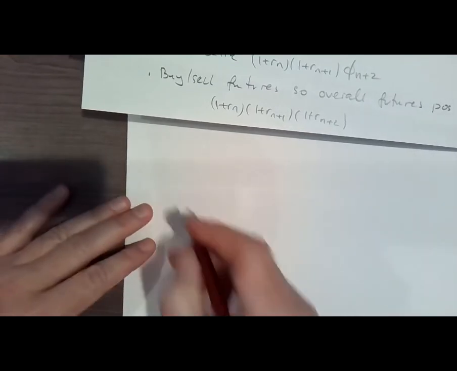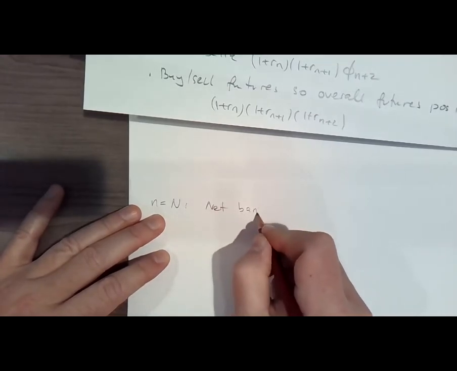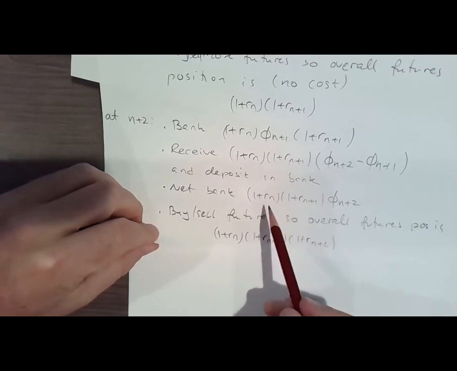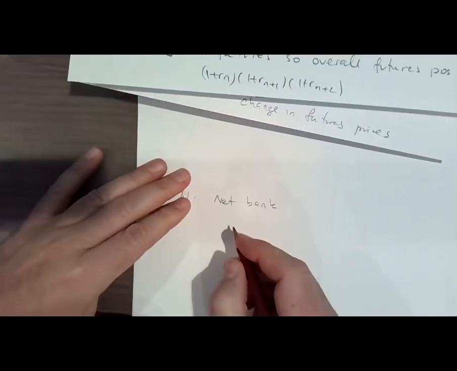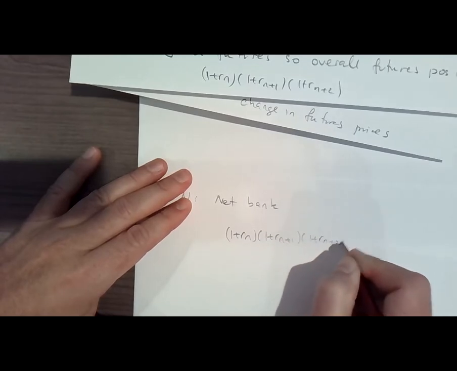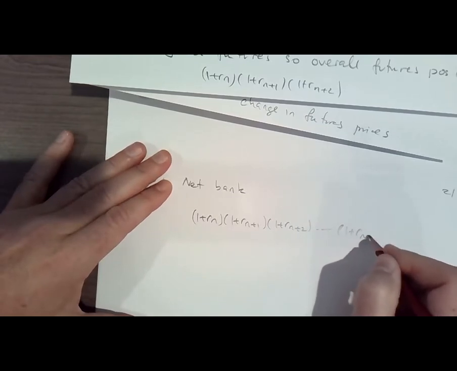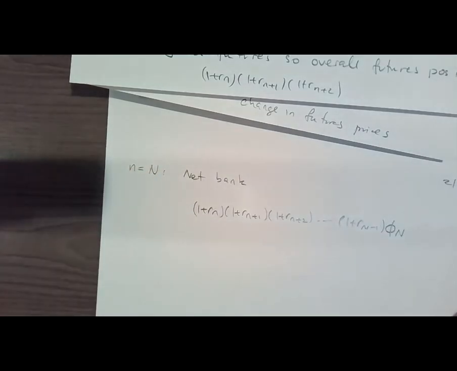So when we go forward like that, we're going to end up at time capital N. We're going to have a net bank, which is going to be these terms all the way up to time capital N, times phi capital N. So the net bank will be 1 plus Rn, 1 plus Rn plus 1, 1 plus Rn plus 2, all the way up to 1 plus capital N minus 1, times phi N. But remember the terminal condition.